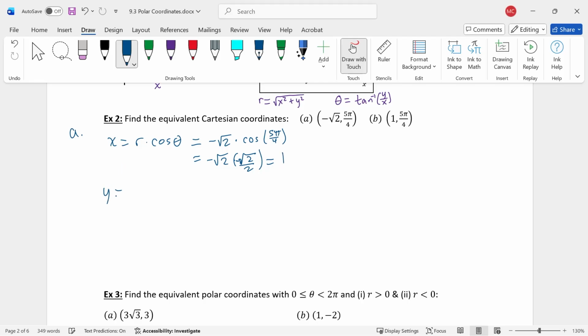And so y is r times sine of theta. That's negative root 2 times sine of 5 pi over 4. That's negative root 2, and sine of 5 pi over 4 is also negative root 2 over 2. So that's also 1. So the Cartesian coordinates for this would be 1, 1.